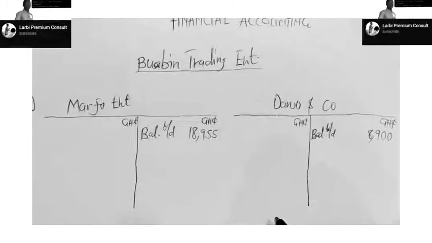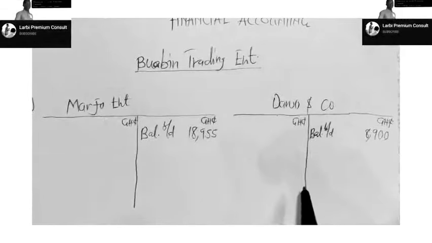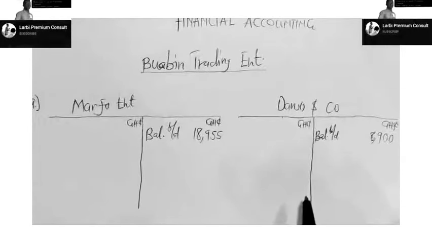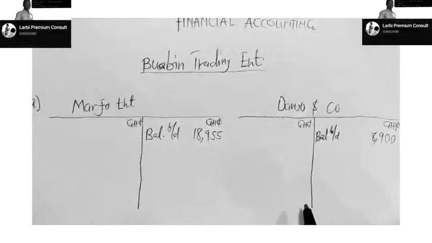So we are going to record the cash and then the check, and the remaining will be what? Balance that will stand in Marfo's account, as Boabin will be owing Marfo, because Marfo is a supplier or a creditor.